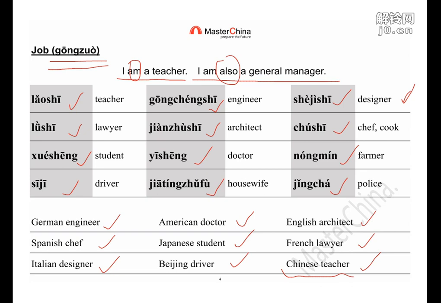I want to say she is a Chinese language teacher, right? Okay, good. Yes, we can say 中国老师, it means the teacher comes from China. 中国老师. And of course, we can say Chinese language teacher. How to say Chinese language?